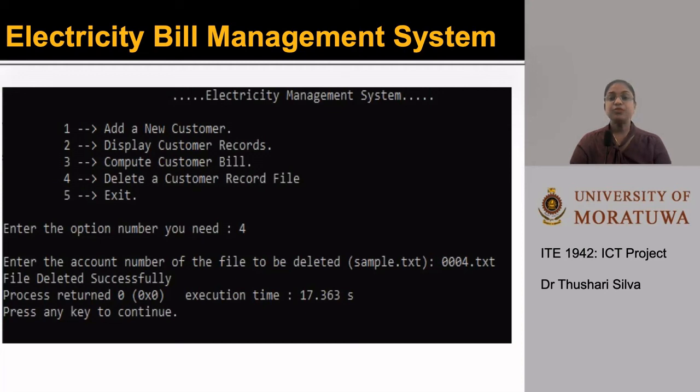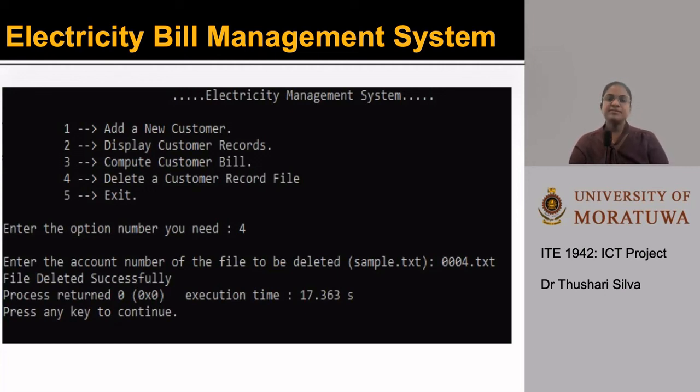So if you are going to develop your system, think about all these technologies that you have learned so far. Analyze the requirements and identify major things that you need to do and separate them into submodules like the options I have provided here.